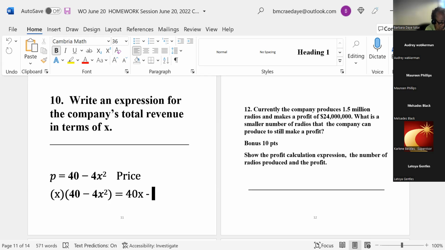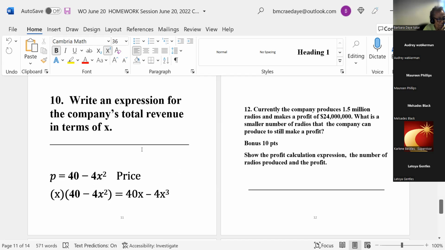Minus 4x to the third power. See, x times 40 is 40x. x times minus 4x to the second is minus 4x to the third because I added the 2 and the 1, right? So that's your expression for your revenue.